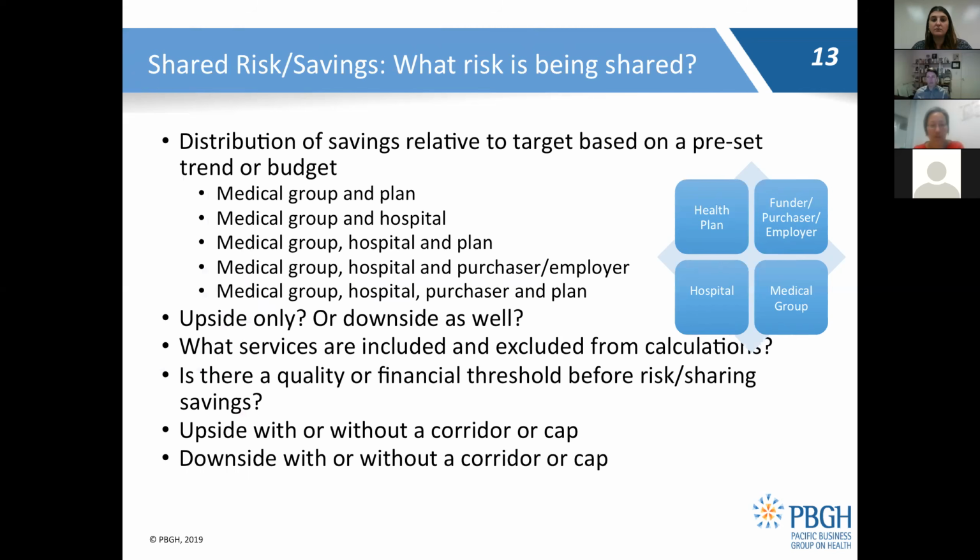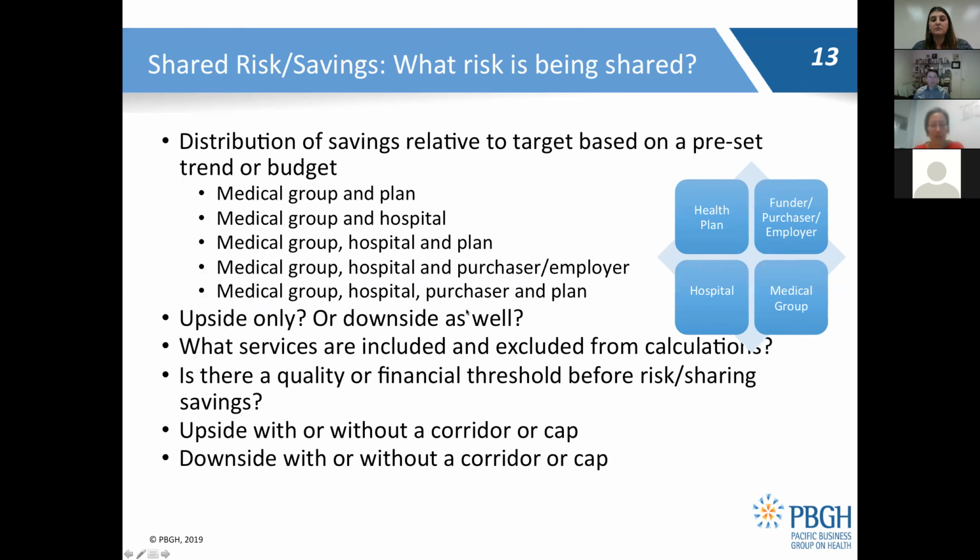When we look at the broader picture, it makes sense to bring all the parties together, because then everybody has a stake in managing to those targets, and incentives are aligned across the various organizations.